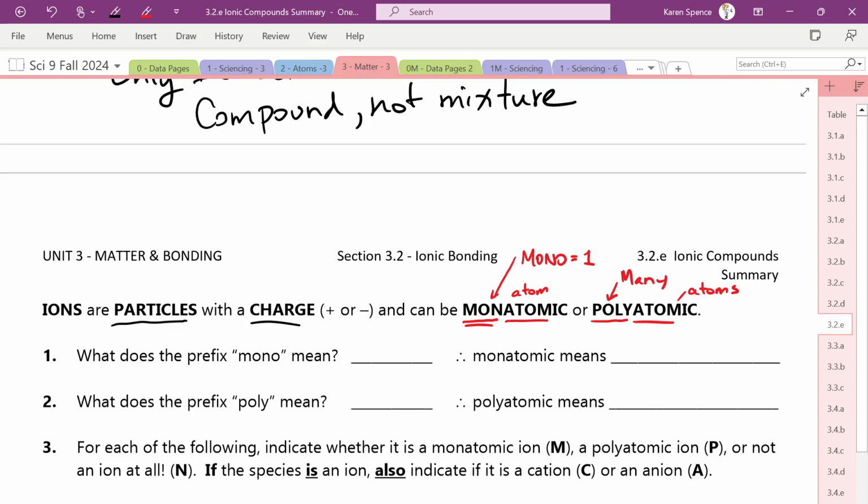What does the prefix mono mean? It means one. Monatomic means one what? Atom. Poly means many. Polyatomic means many atoms.